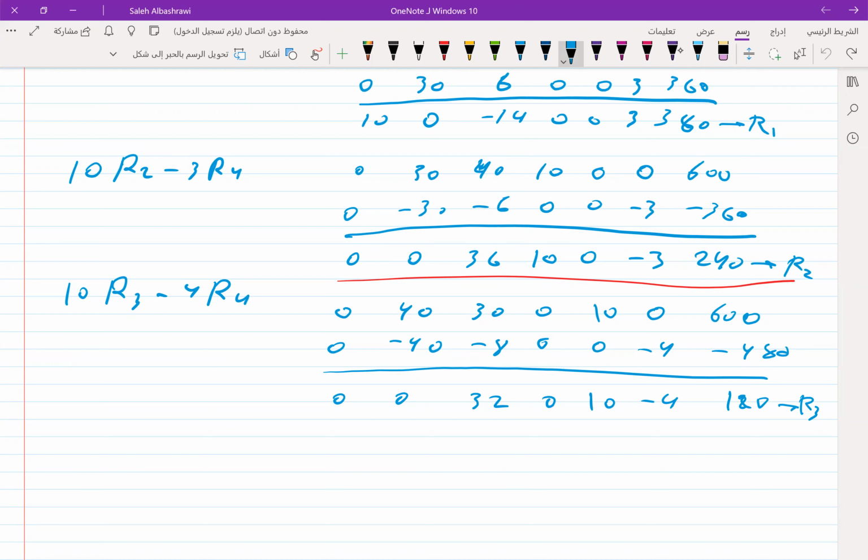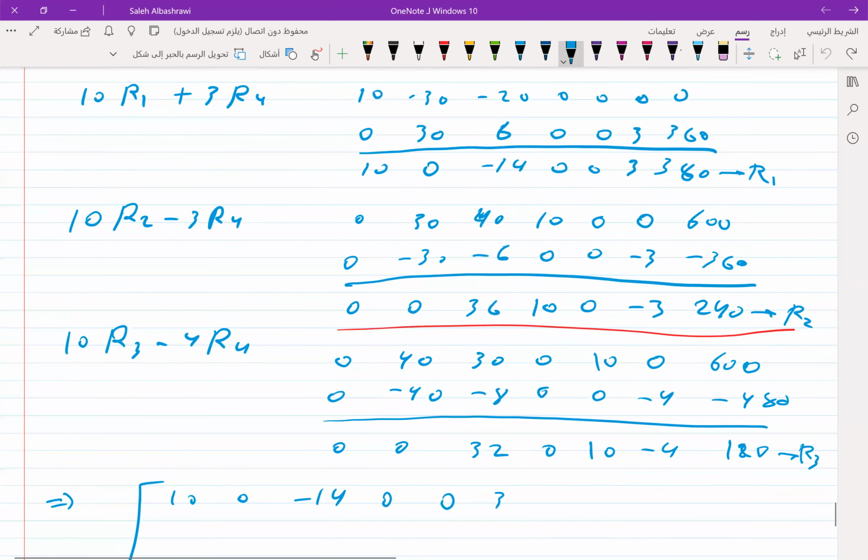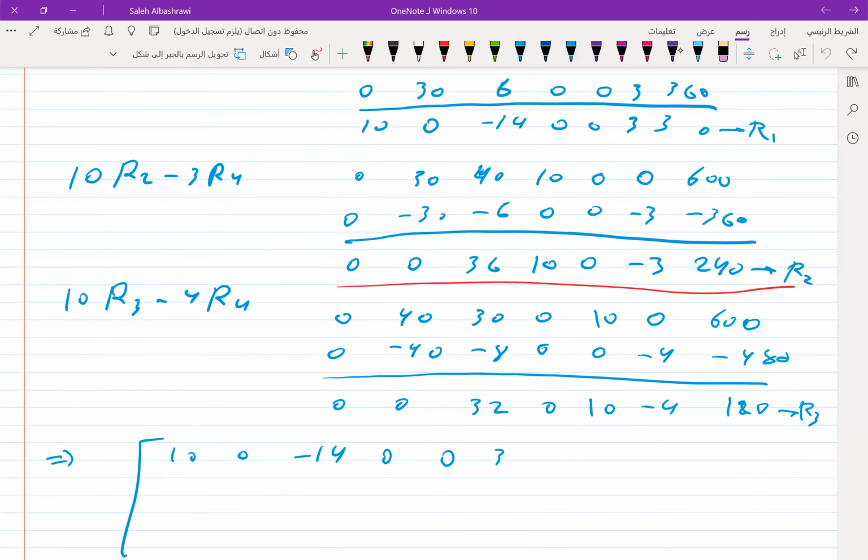So the numbers now will give me: first row is 10, 0, minus 14, 0, 0, 3, and 360. Second row, it is 0, 0, 36, 10, 0, minus 3, and 240.